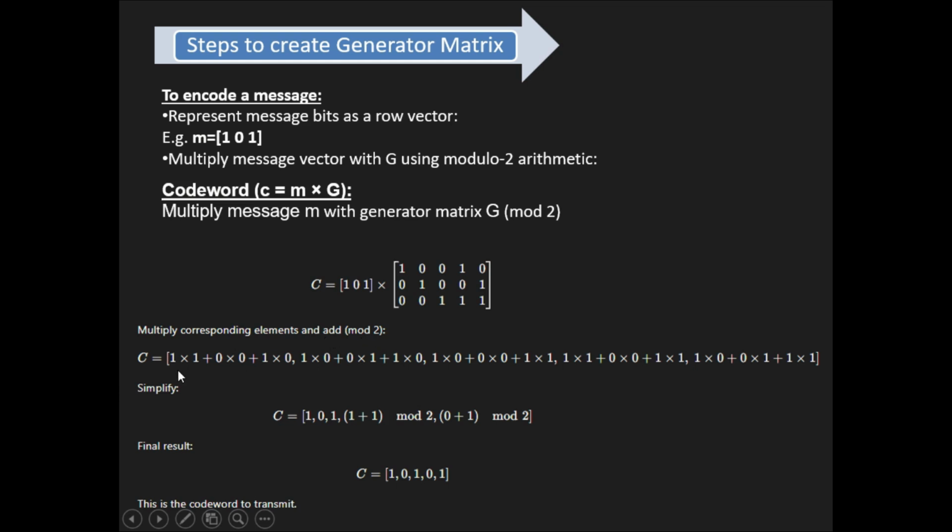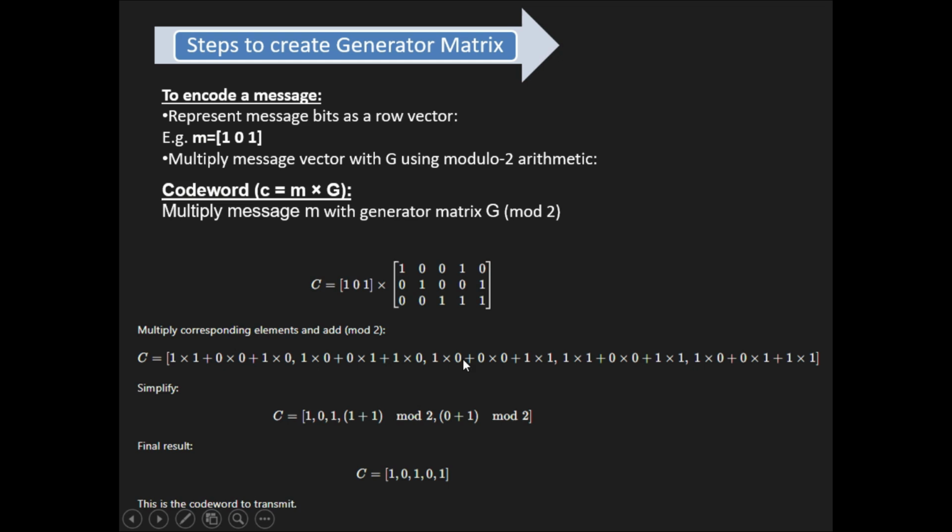Here you can see 1 multiplied by 1, plus 0 into 0, plus 1 into 0, is equal to 1. Next, 1 into 0 plus 0 into 1 plus 1 into 0 is totally 0. That means 0 is written.